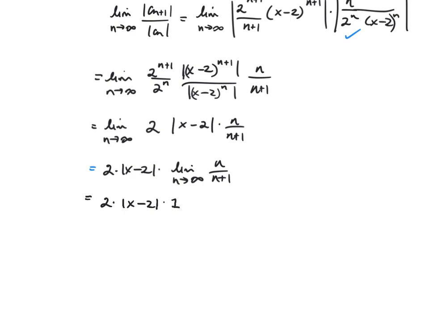And now here's the big thing. The ratio test says formulate this limit. Call that limit L, and if L is less than 1, then your series will converge. We've formulated that limit, and we've got an expression. Now the expression involves x.